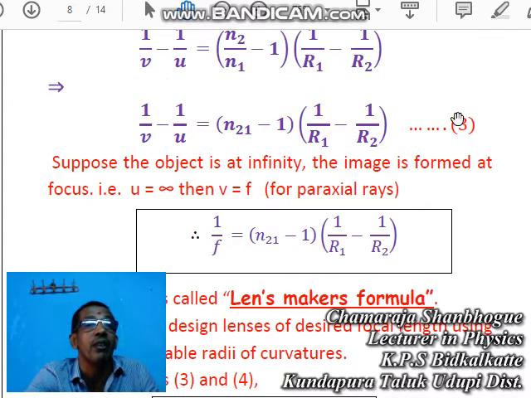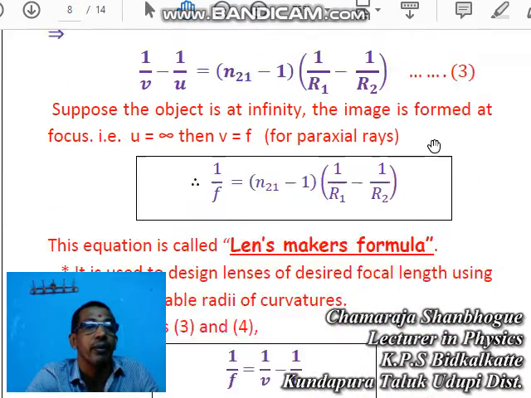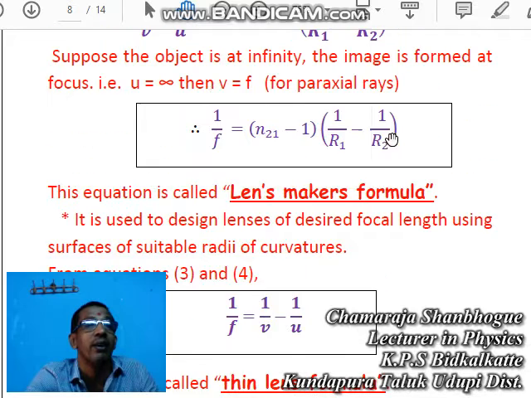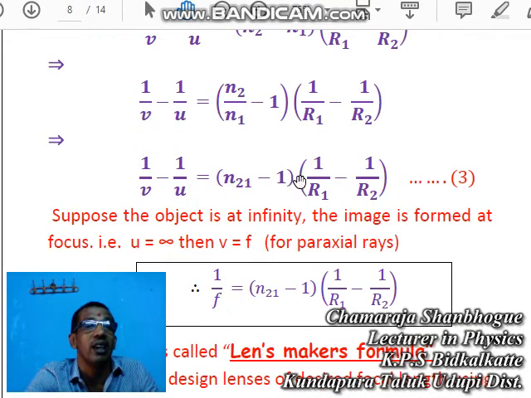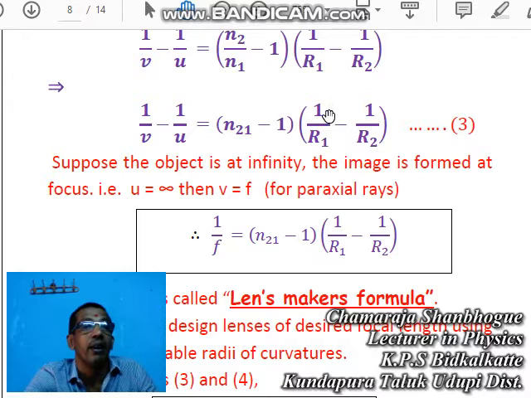Now what we do is, equation 3 we have, equation 4 we have, this is equation 4. If we name this equation 4, the right hand side is the same, so we can equate the left hand side. The right hand side is the same, the one in this box is equation 3. Equate the left hand side.